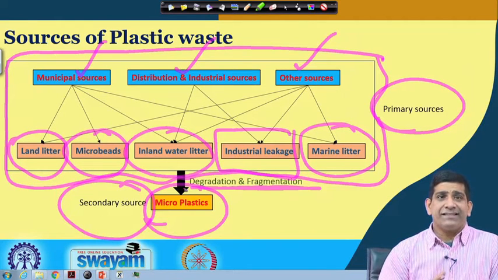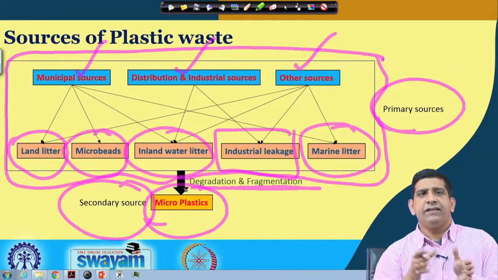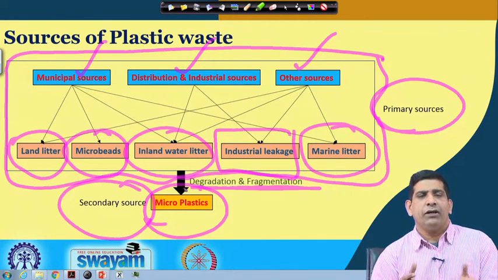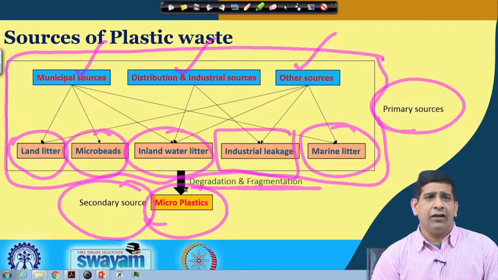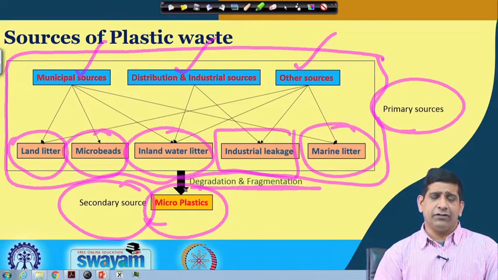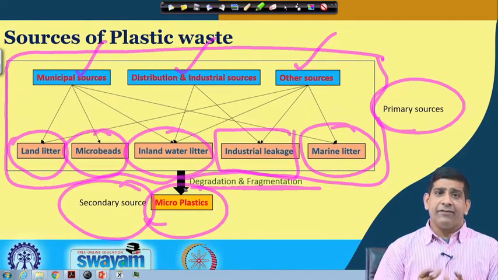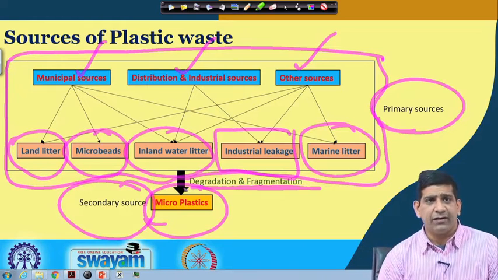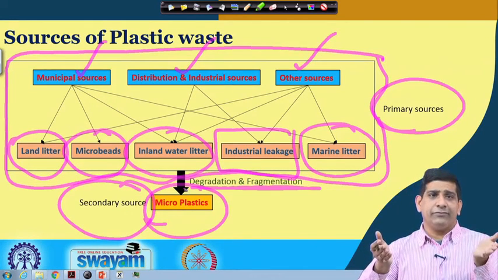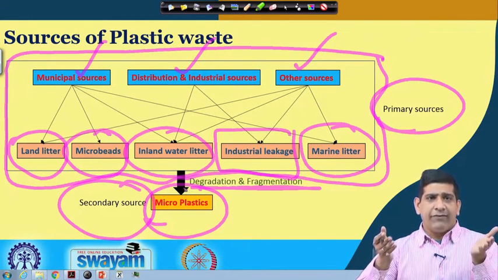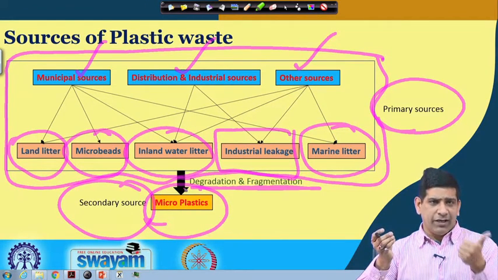Microplastics are very tiny particles which can move very easily, which is what shows up in salt and other things which get into the water. And there are even studies now which have said that microplastics are even in the air. So plastics are showing up in water, plastics are showing up on land, plastics are showing up in the air.